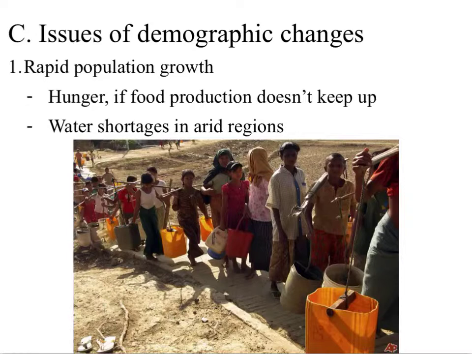With water, it's a similar issue, only water is harder to produce through human effort than food is. A lot of the time, water just depends on the climate and the weather.